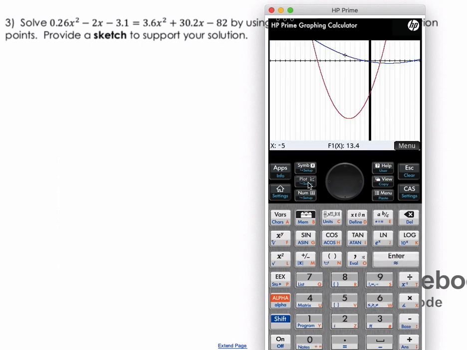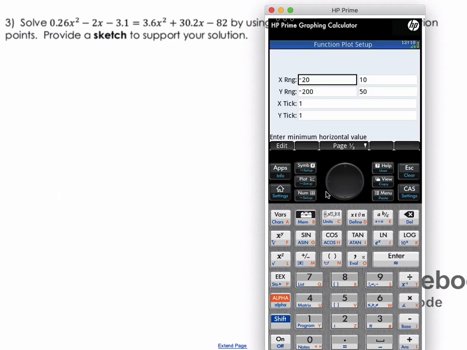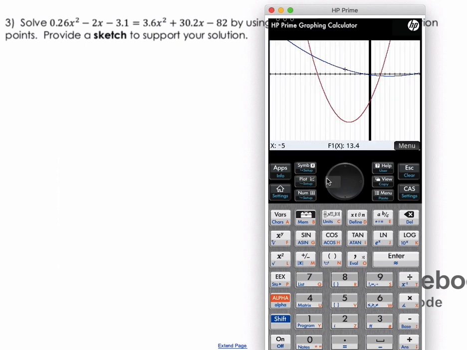Okay, let's plot, and now we can see, oh, we still can't see that point of intersection, so I need to go up higher. If you got a touch screen, you could probably just use your finger and scroll up, or you can come in here and type in maybe 100 here. Okay, now I'll go to graph there.